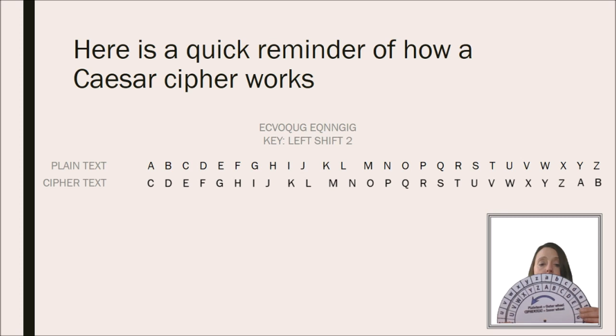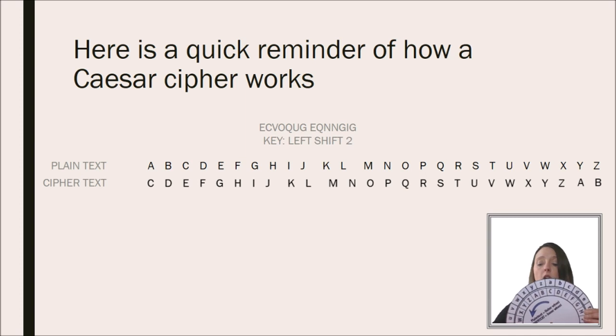If we want to left shift that 2 places, we go the wrong way, 1, 2. Okay, so what you can now see is that A has become C, in the same way as on our listed version A has become C. Now, using either of these ciphers, you will be able to decrypt that particular key.